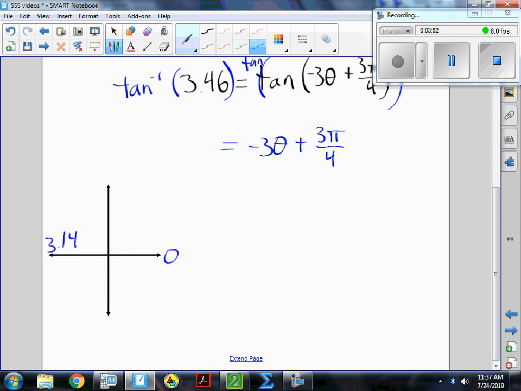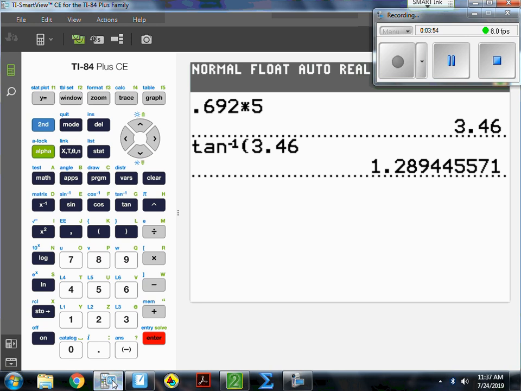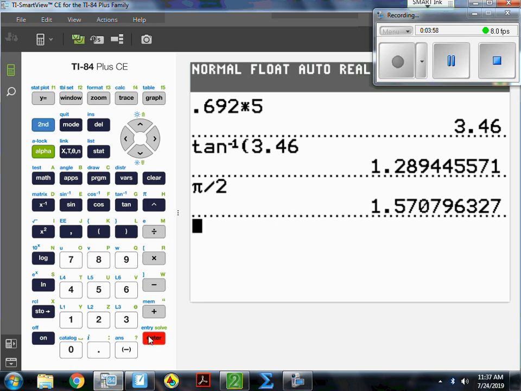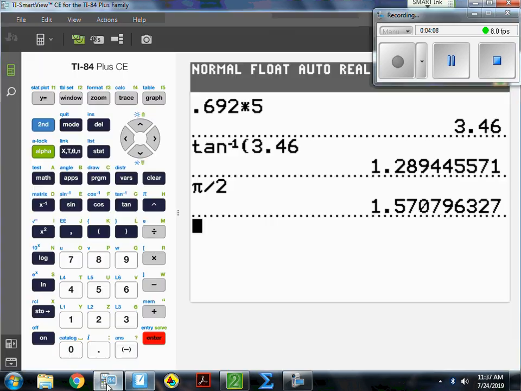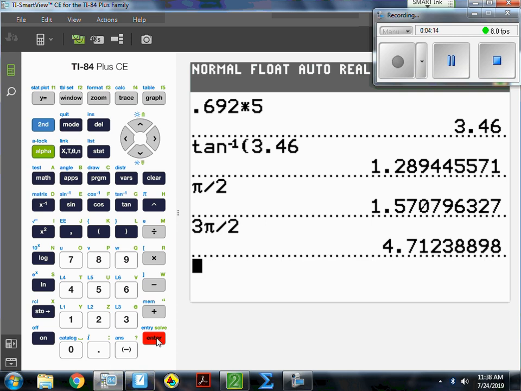We can also do pi divided by 2, see what number that is. So pi divided by 2, a 90-degree angle, is going to be 1.57. And then also 3 pi over 2. And that's at 4.71.